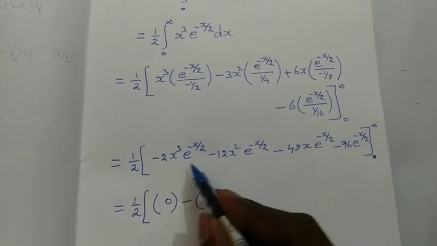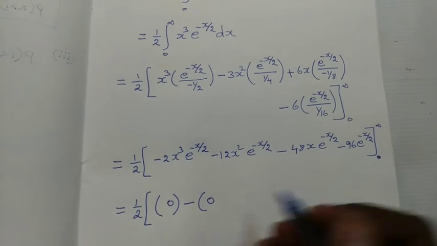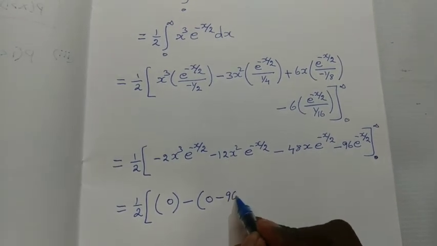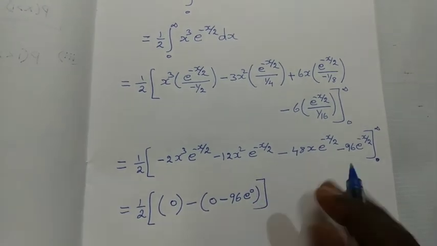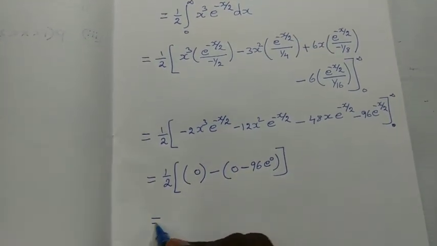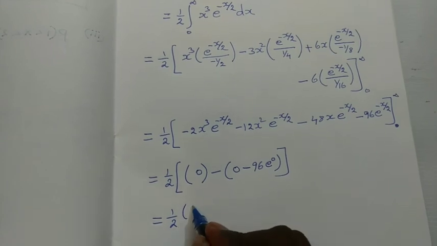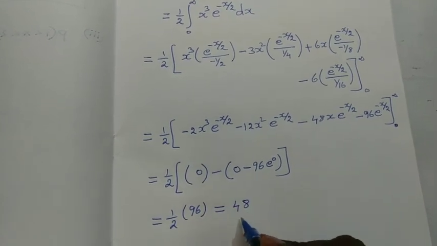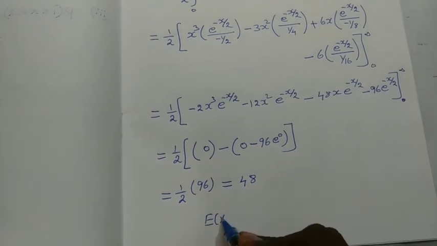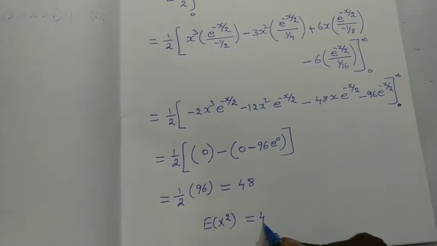So all the terms are 0 except the last one, which is minus 96 into e power 0. But e power 0 is 1. So this is 1 by 2 into 96. Cancel this, 48. So E of x square is 48. So that is the answer.